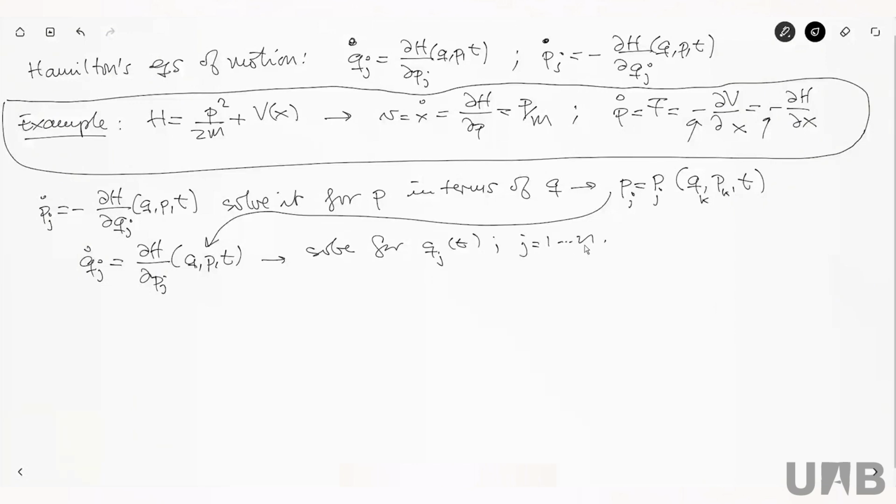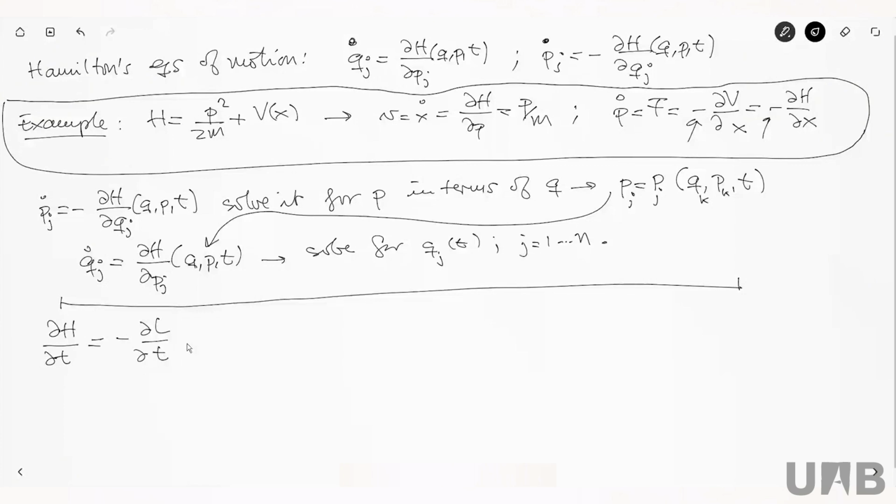I cannot deny that in practice, this is not going to be easy to do analytically, but that would be a strategy if you were to solve these equations numerically. All right, now, remember that other condition that I emphasized, the condition that said that the explicit time dependence of the Hamiltonian is minus the explicit time dependence of the Lagrangian.